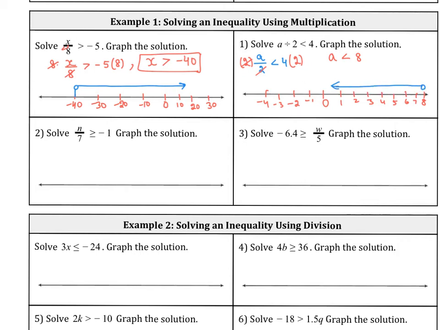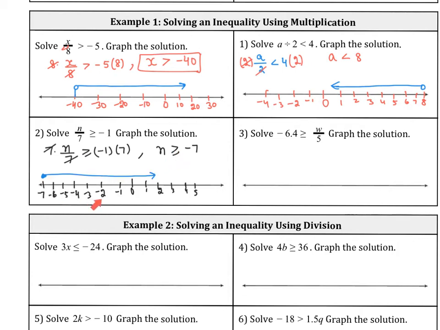For number 2, you're going to remove the 7 from the bottom, so you're going to multiply 7 on each side so that the 7 and 7 cancel and n is greater than or equal to negative 7. Now when we're going to make this graph, you're going to use a closed circle because there is a line underneath, which tells me that it should be a closed circle.